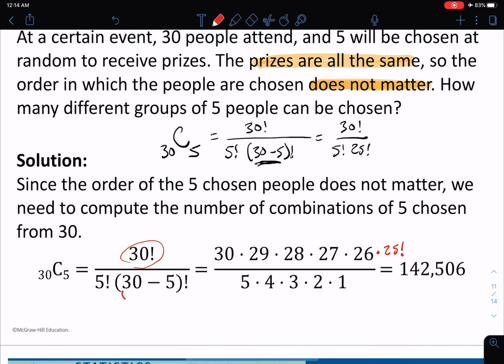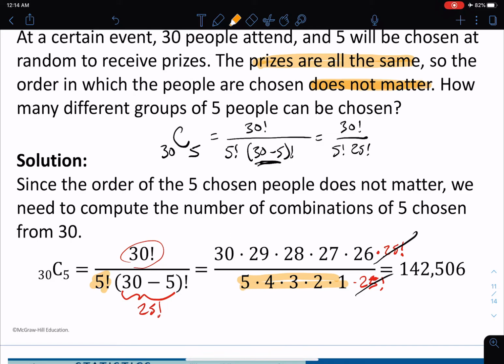And then this piece right here is 30 minus 5, which is 25 factorial. So really what they did was they took the 25 factorial, and because they are the same factors, they reduced them out. And then where did this come from? Well, that's just 5 factorial. That's where that came from.